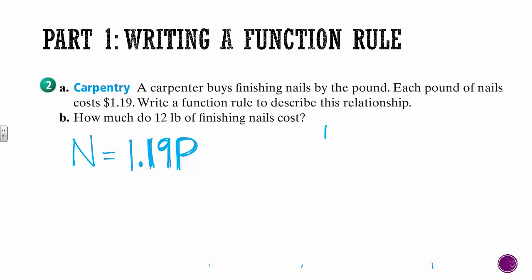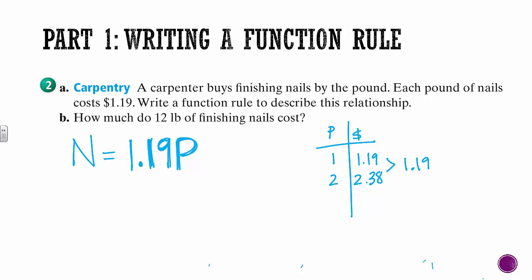And you could make a table, how many pounds of nails you buy and how much they cost. So if I buy 1 pound, it's $1.19. If I buy 2 pounds, it's $2.38, and I could keep on going. But our difference here is that $1.19. That's what it's changing by every time.